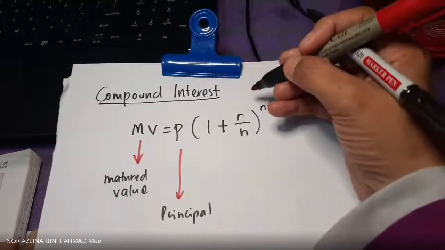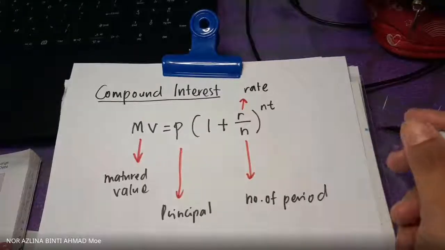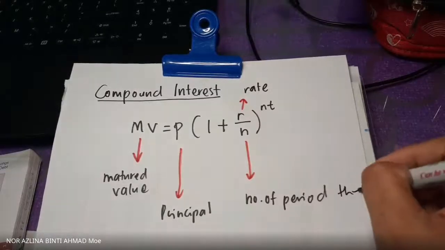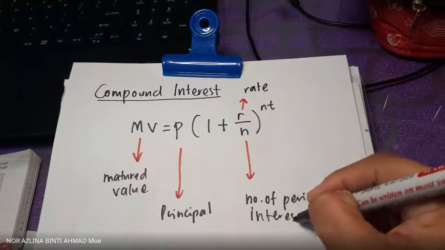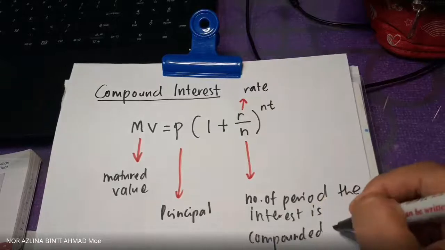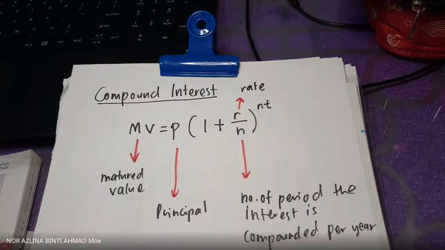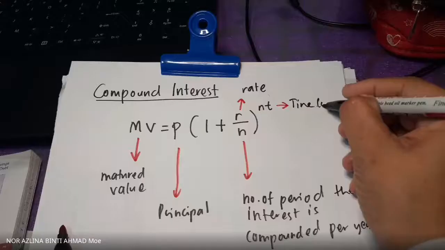R is rate, the yearly interest rate. N is the number of periods the interest is compounded per year. T is time in years.